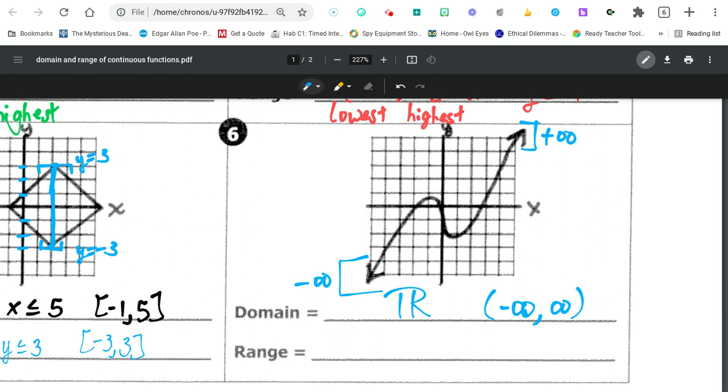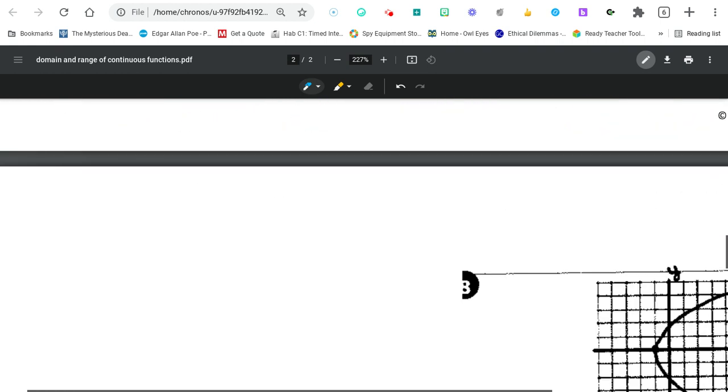And it's pretty much the same thing for range. How far down does it go? Negative infinity. How far up does it go? Positive infinity. So it too is all real numbers, or negative infinity to positive infinity. The arrows pretty much mean it keeps stretching to an infinity, either positive or negative, depending on which way it's going.